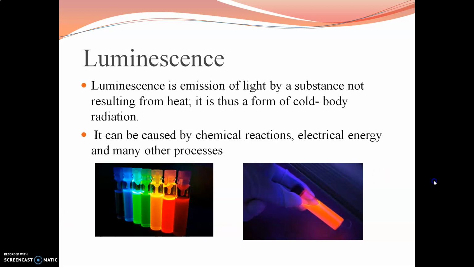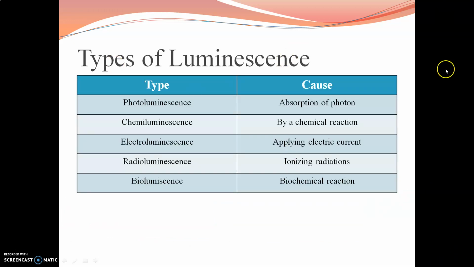Let us see the next, the types of luminescence. We have some basic ones here. Photoluminescence is caused by the absorption of photon. Chemiluminescence is obviously caused by some chemical reaction taking place. Electroluminescence is caused by applying some electric current.